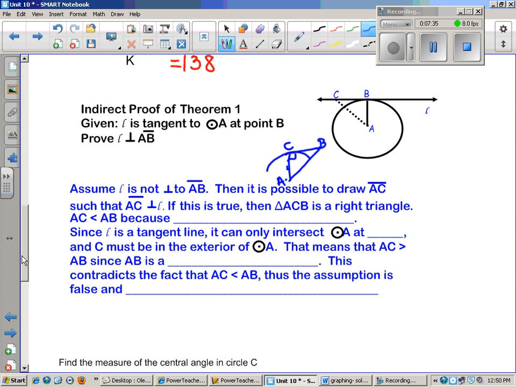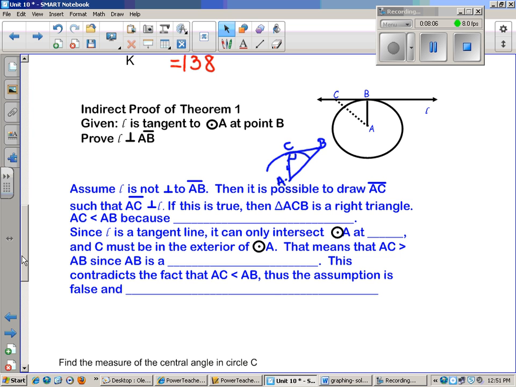So if L is tangent, that means that B has to be on the circle, right? If B is on the circle and it's the only point, remember tangent lines only are allowed to have one point on the circle, doesn't that mean that C can't be on the circle?